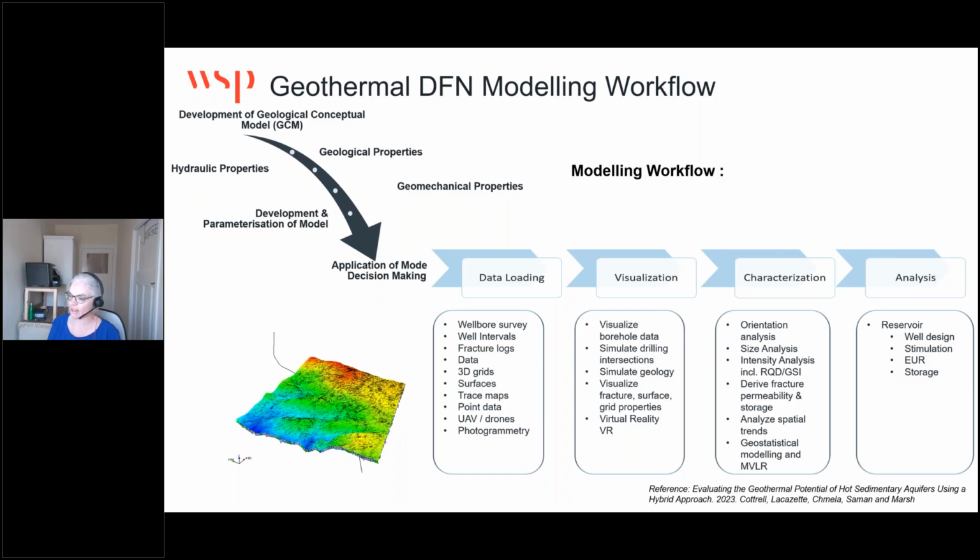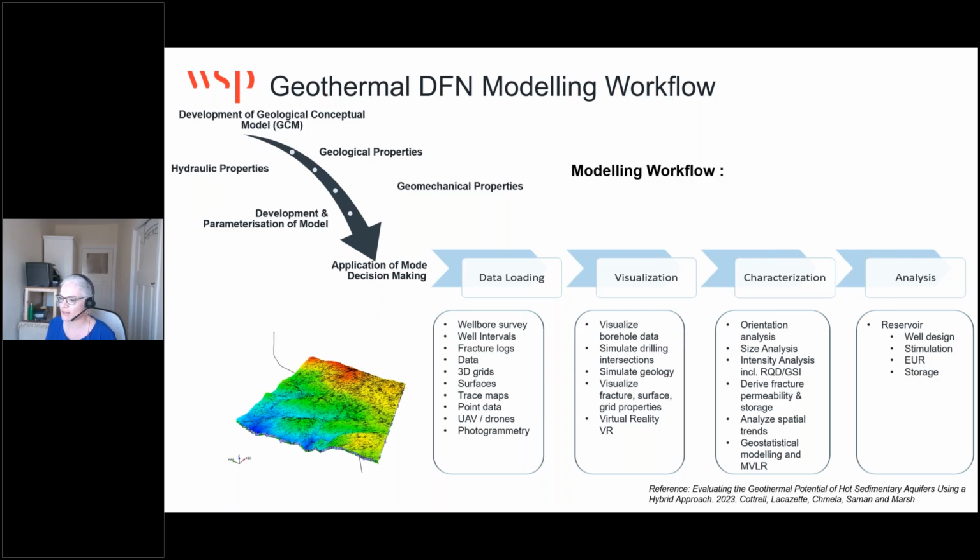The characterization step is the core effort in parameterizing the discrete fracture network. It routinely includes the configuration of the fracture set orientations and intensities, as well as calibration and description of the required dynamic fracture properties, including permeability, hydraulic aperture, and compressibility.